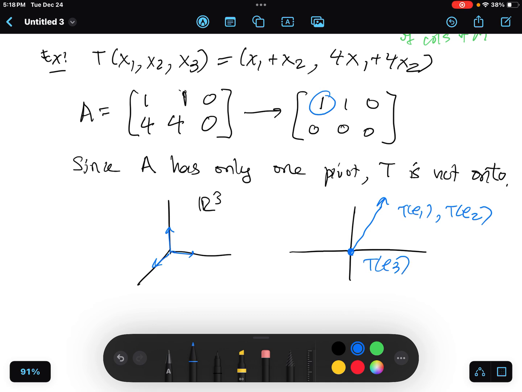And so the image of T, that's the span of the vectors T of E1, T of E2, and T of E3, that's going to give me this line. And so what this is saying is that if you take this matrix and plug in all the vectors in R3 and look at the output, what you're going to get is this line.